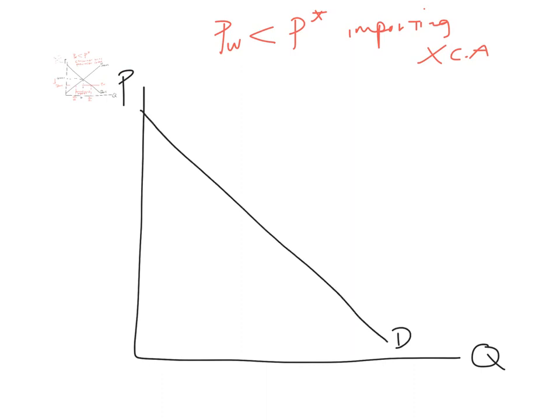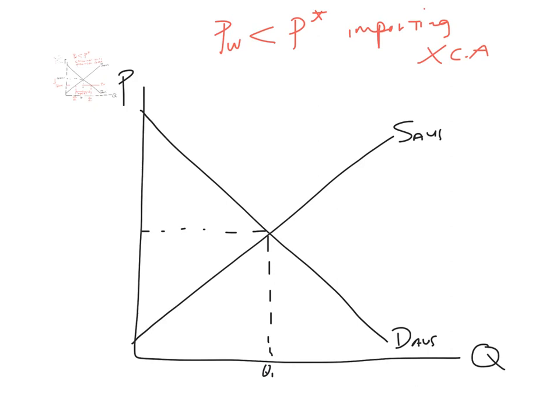So this is the demand of roses in Australia. This is the supply of Australian produced roses. And with no international trade, equilibrium quantity will be, let's call that Q star, and the equilibrium price will be P star.